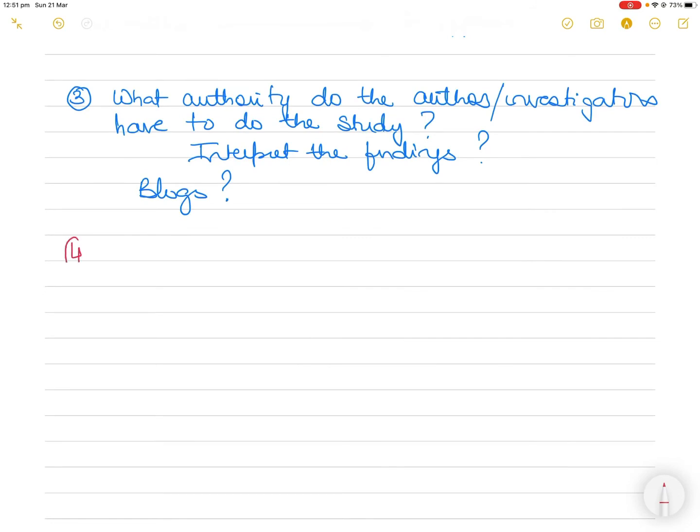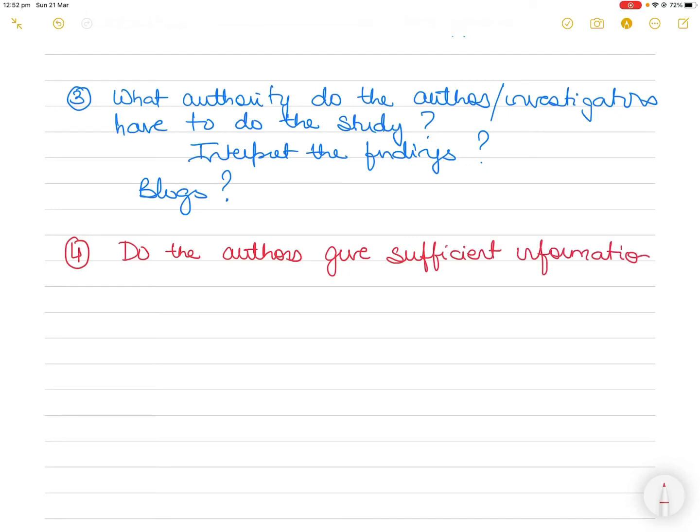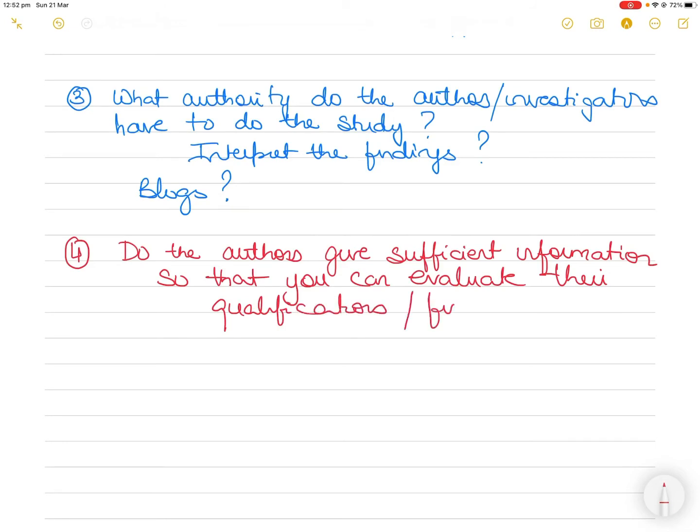Right? So number 4 I would say is, do the investigators or the authors, whenever I say authors, just understand it's investigators, give you sufficient information so that you can evaluate their qualifications or findings, or even their data?